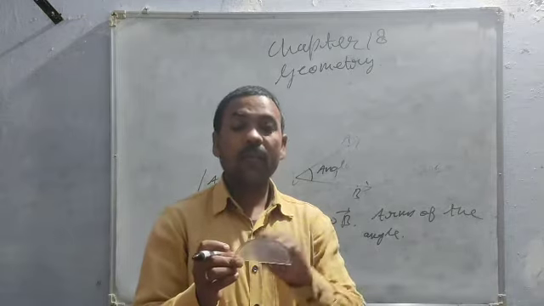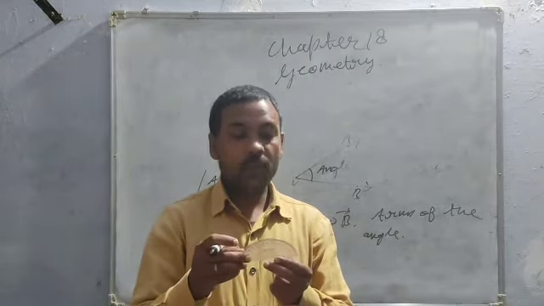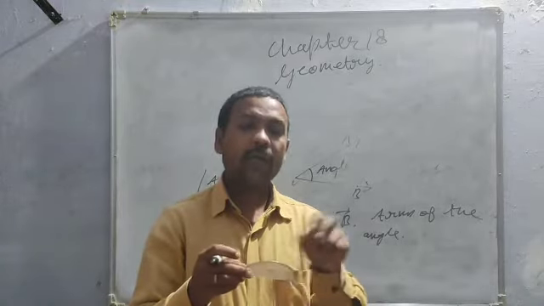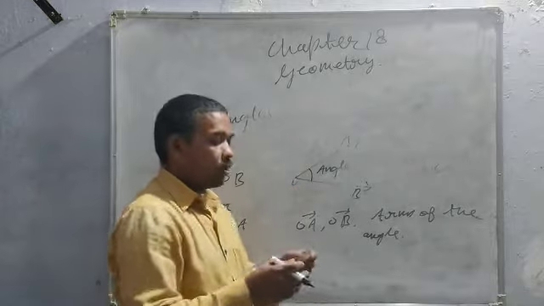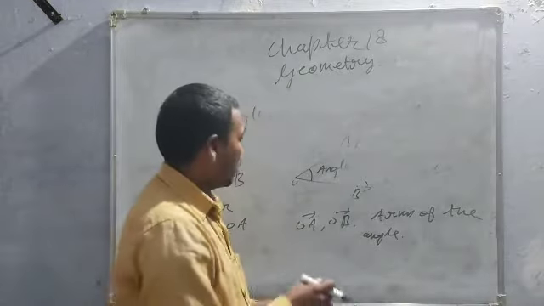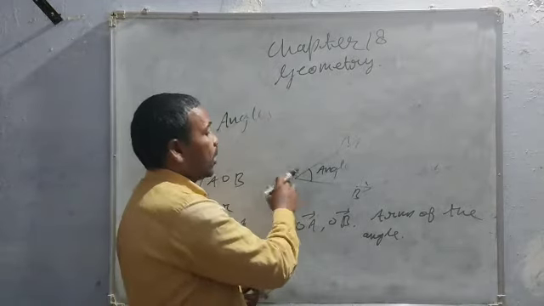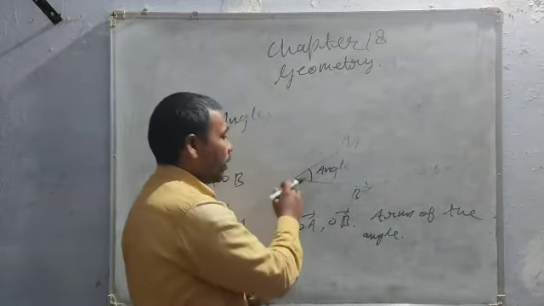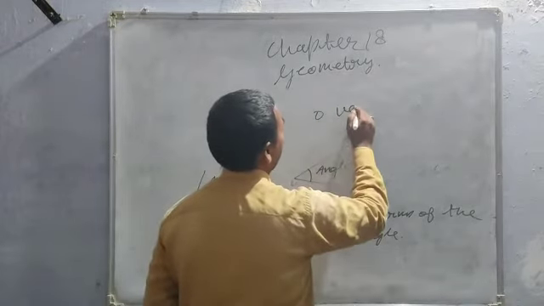Here many are confused. Two scales are given, an outer scale and an inner scale. So suppose you want to measure this angle. See children, the point where two arms meet is known as the vertex. So here point O is known as the vertex.